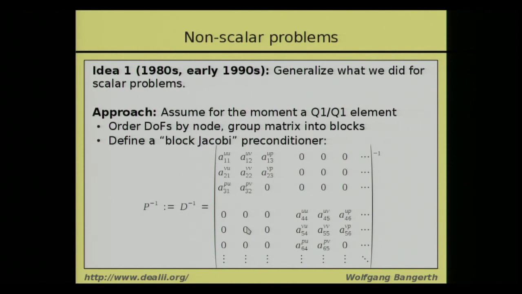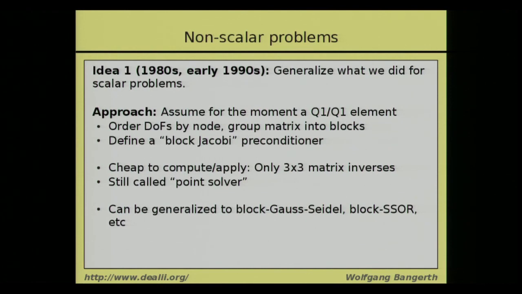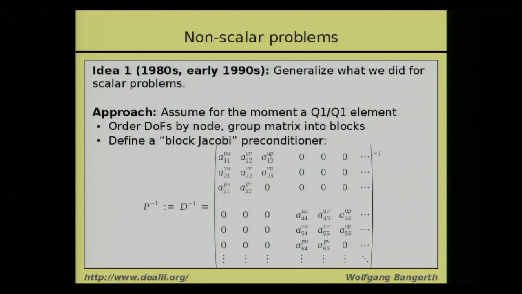It just requires me to invert 9 3 by 3 systems. That is something that I can do very easily, right? So if I do this, I get the equivalent of a block Jacobi preconditioner. And of course, I can generalize this, for example, to something like a block Gauss-Seidel or block SSOR by also taking, for example, the lower left terms over here, in which case I just consider this whole thing as a block triangular system. Okay?